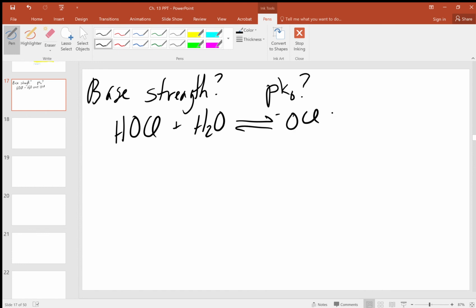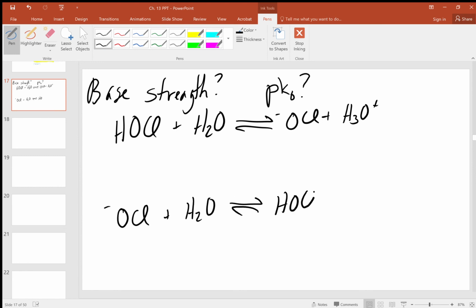So here's a pair of acid-base reactions. The reason I've chosen this reaction is this pair is a pair of acid and conjugate base where I can easily find the pKa and pKb.